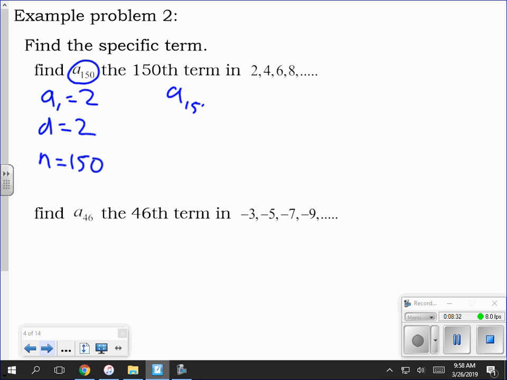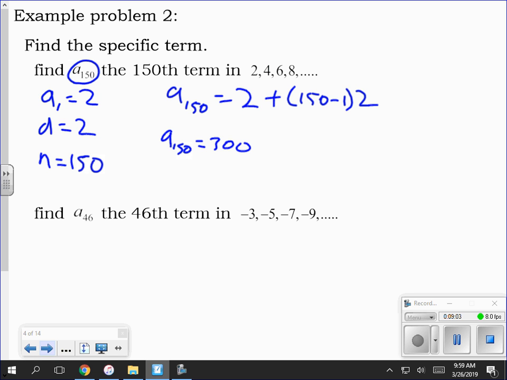A sub 150, the 150th term, is the first term plus 150 minus 1 times 2. Plug in my first term, plug in my n, plug in my d, do the arithmetic. So that would be 300. The 150th term is 300.